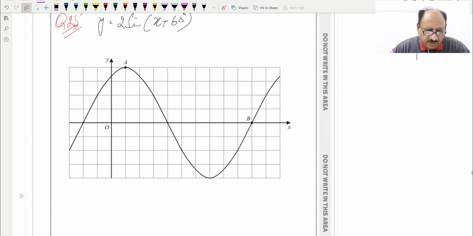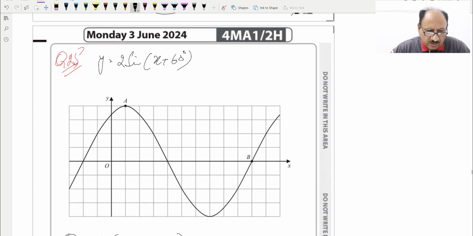And this is, find, for A part. First part says find the coordinates of the point A. So we require coordinates of point A, and we need to understand this transformation.